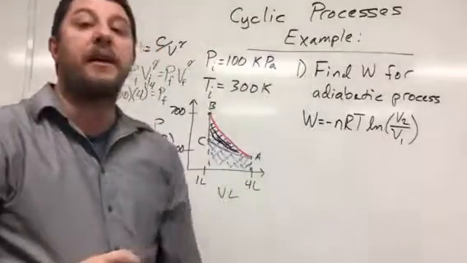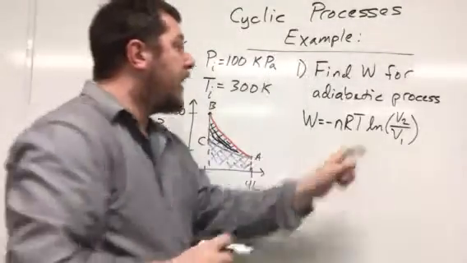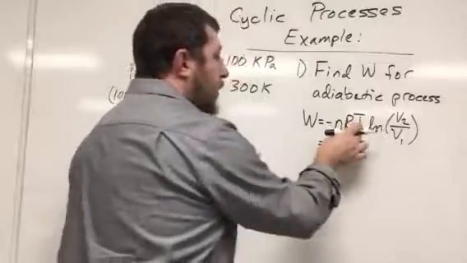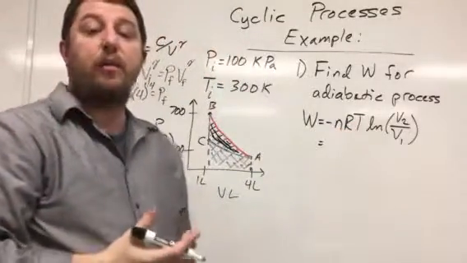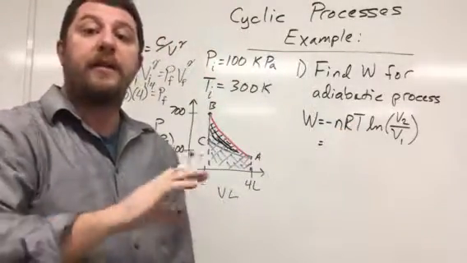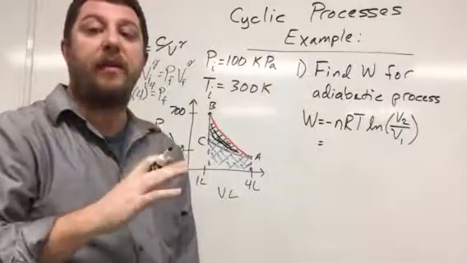All right, and so the work done here is this, and nRT is just equal to PV, because PV equals nRT.